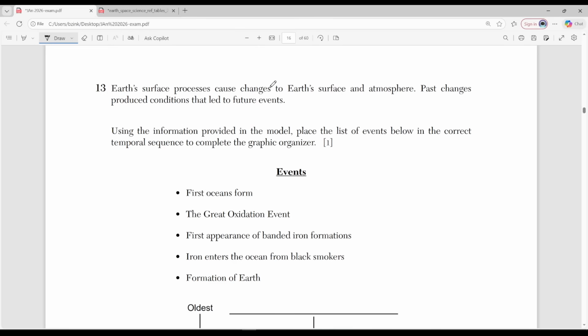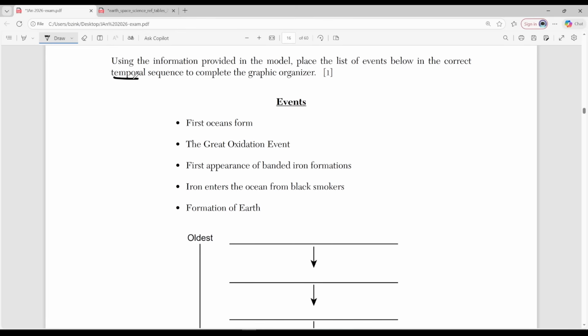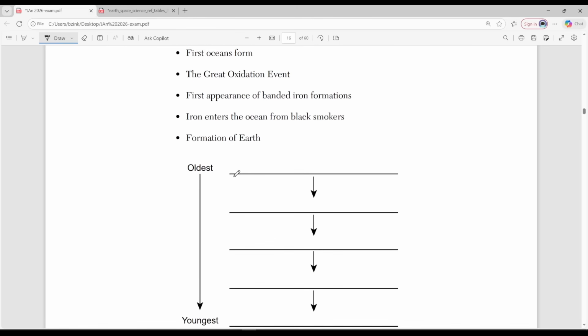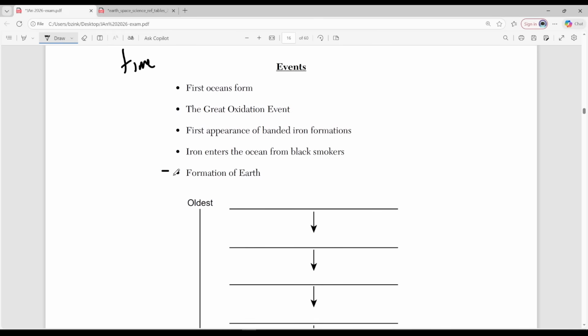Earth's surface processes cause changes to Earth's surface and the atmosphere. Past changes produce conditions that led to future events. Okay, we're going to use the information provided to place the list of events below in the correct temporal sequence. So you know what that means? That means in time order. To complete the graphic organizer, and it wants oldest to youngest. So the oldest thing is obviously going to be the formation of the Earth.